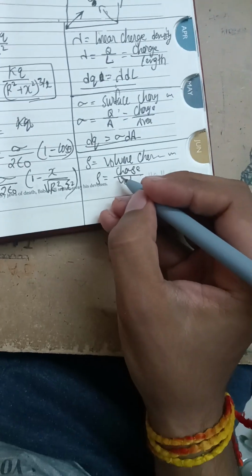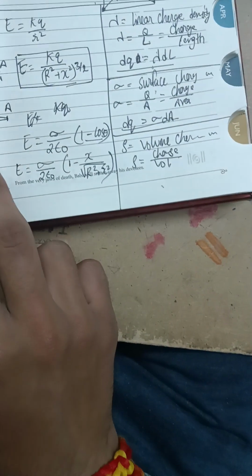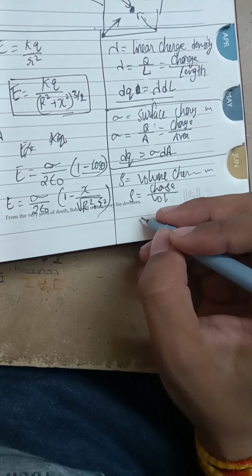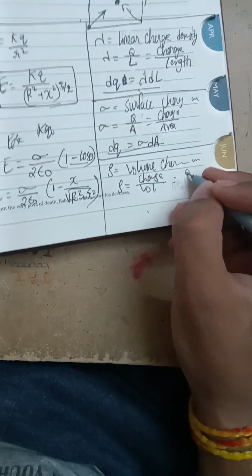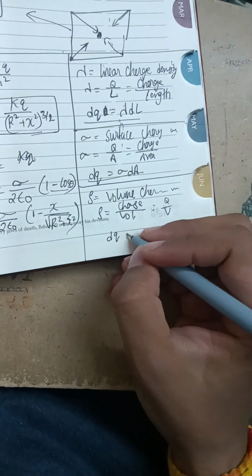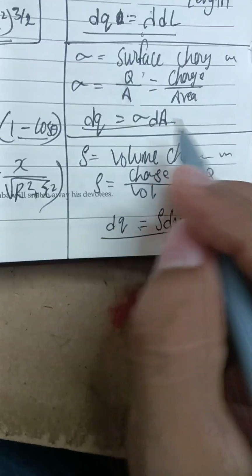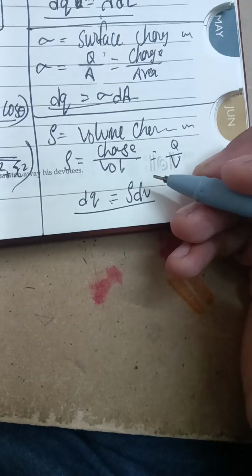Whose volume? I'll say in the next page. This comes out to be q by V, and again dq, the smaller charge, is equal to rho dV. You have to remember these: dq is equal to lambda dl, dq is equal to sigma dA, and dq is equal to rho dV.